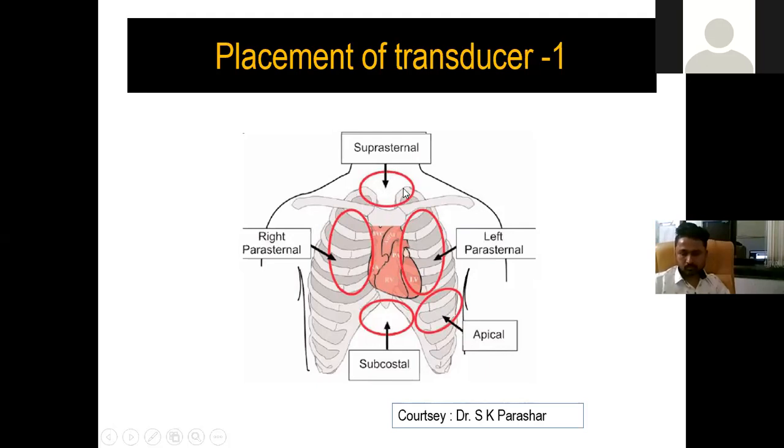Suprasternal is in the suprasternal fossa, and right second intercostal space is the right parasternal window. We'll be talking about this again and again. At your level, just remember left third intercostal space adjacent to the sternum is the parasternal window. Apical is at the apex, everybody knows about the apex. Subcostal, everybody knows subcostal. Suprasternal fossa, everybody knows about the suprasternal fossa.